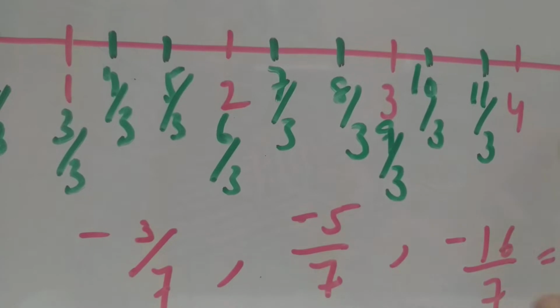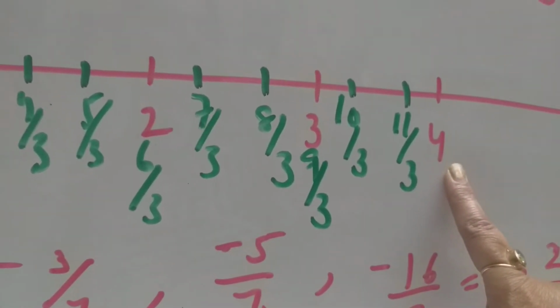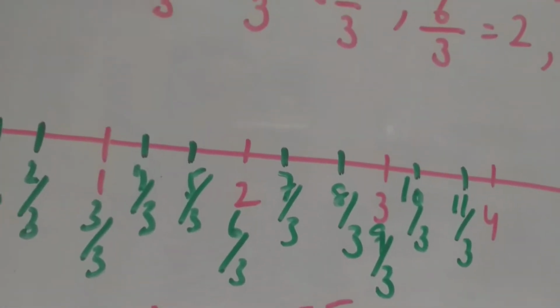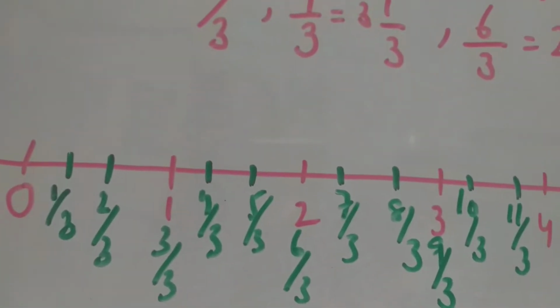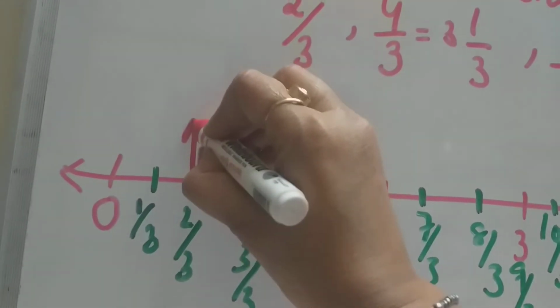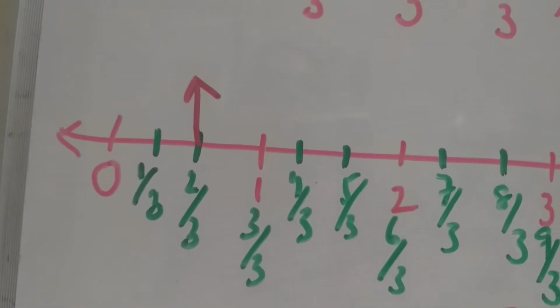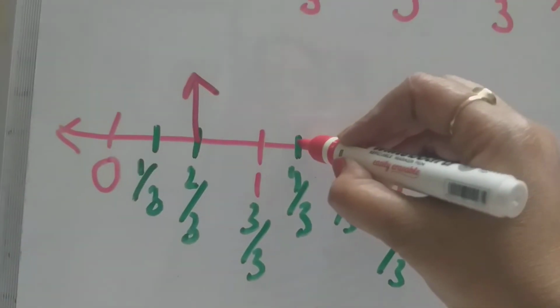Similarly, we'll keep on moving like 10 upon 3, 11 upon 3, and next is going to be 12 upon 3 as 4. Now I need to plot this 2 upon 3 here. So this place represents 2 upon 3. Next is 4 upon 3.